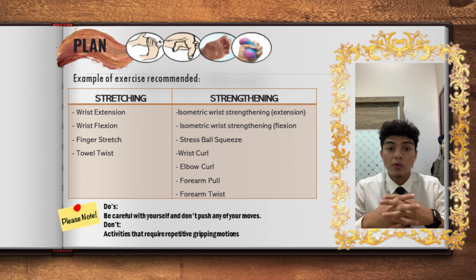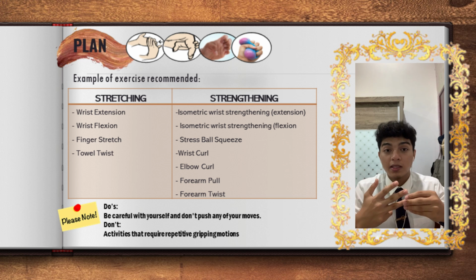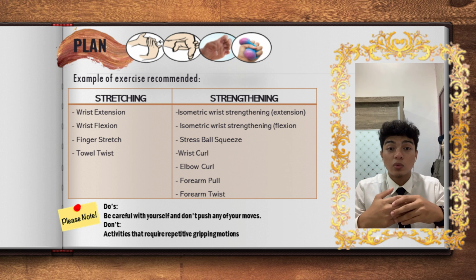Here is a tip on what not to do during this injury: activities that require repetitive gripping motion such as throwing, rock climbing, racket sports or weight training, because they can often lead to tennis elbow.